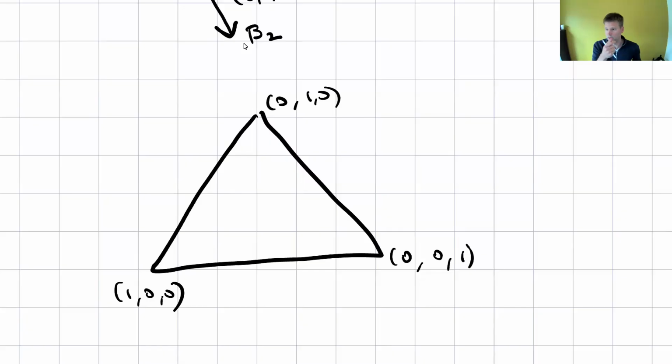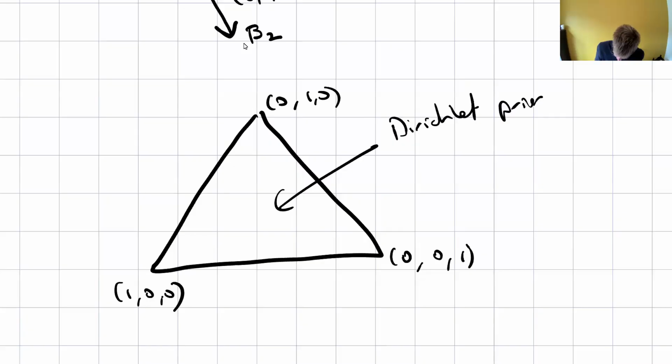It's not going to be a fixed point in here. It's going to be a distribution over this space. So my Dirichlet prior is a distribution over the simplex.